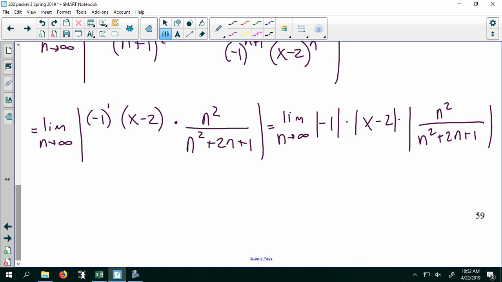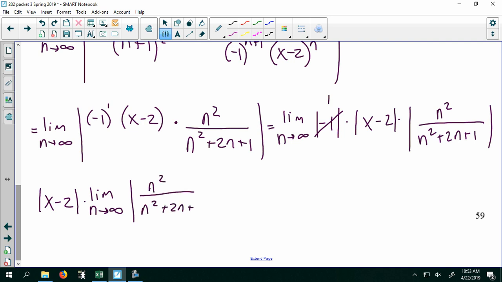All right, what's the absolute value of -1? 1, so that I can just ignore. And then x minus 2 I'm going to treat as a constant. I'm taking the limit as n goes to infinity. There's no n's involved here, so I'm going to pull that out of the limit. So I get the absolute value of x minus 2 times the limit as n goes to infinity of n squared over n squared plus 2n plus 1.